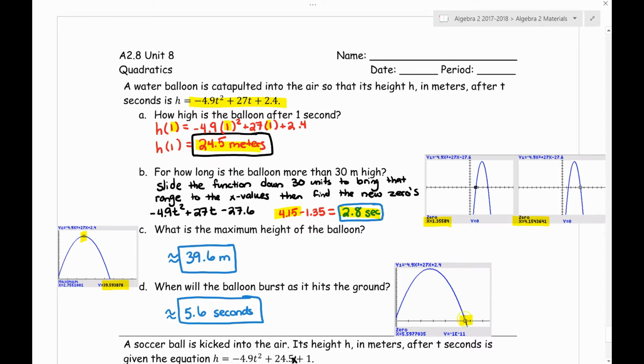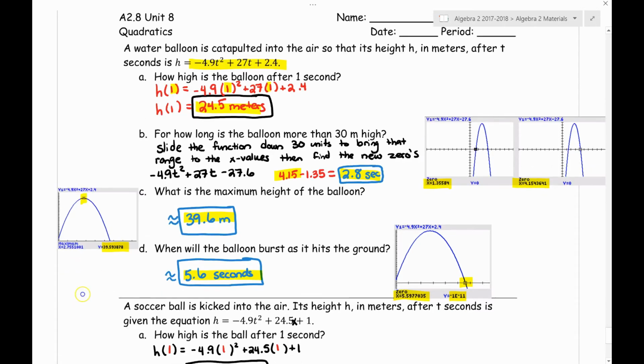What is the zero here? The zero is about 5.6. And if you notice, the y value is not exactly zero. It's pretty close to zero, but it's not exact. So all of these answers are approximations. You're approximately correct. For the purpose of this lesson, that's okay.